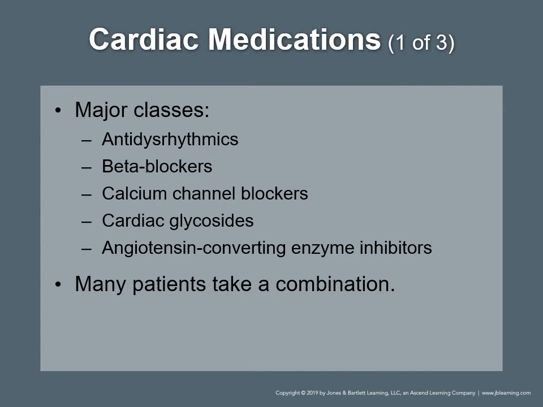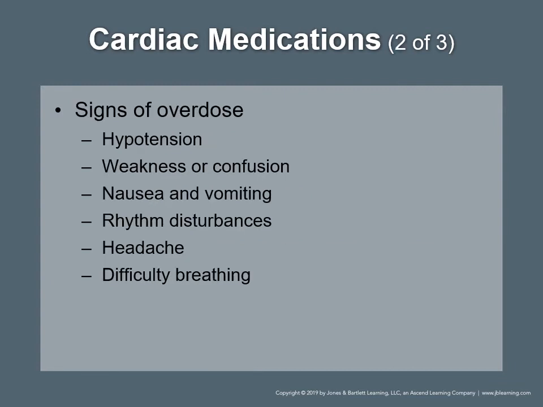Many patients take a combination, sometimes as many as 3 or more. Overdose on these medications is usually accidental. Signs and symptoms of overdose with cardiac drugs vary but may include hypotension, weakness or confusion, nausea and vomiting, heart rhythm disturbances, most commonly bradycardia or a heart block, headache, and difficulty breathing.